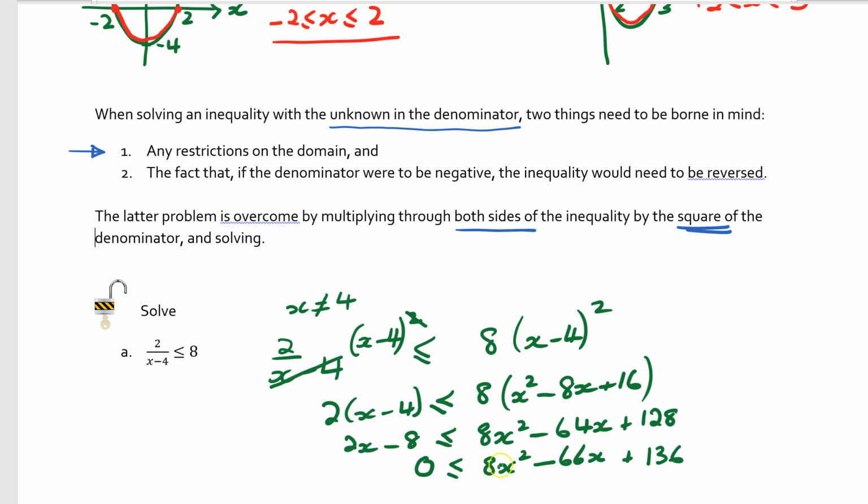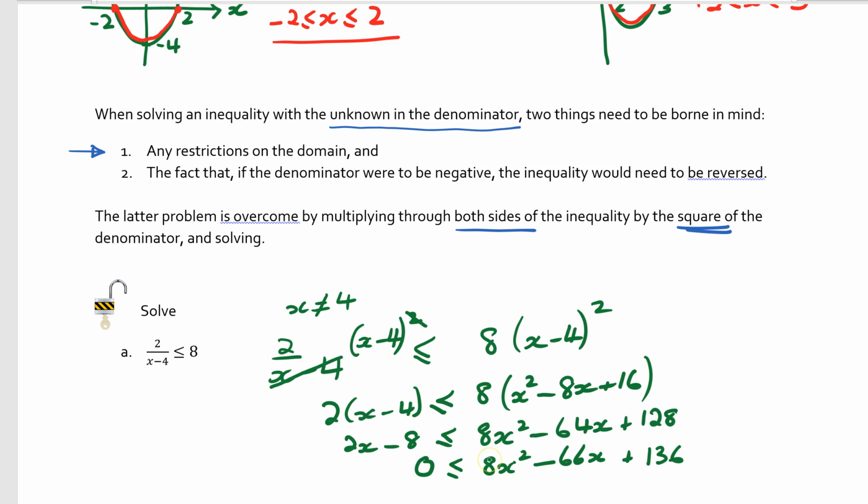Now, if I then rewrite that to make it a little bit simpler, I could just test whether there's a common factor that I can divide into these. And there's not much except 2, I think. So if I divided everything by 2, I could have 4x squared minus 33x plus, what's that, 68.